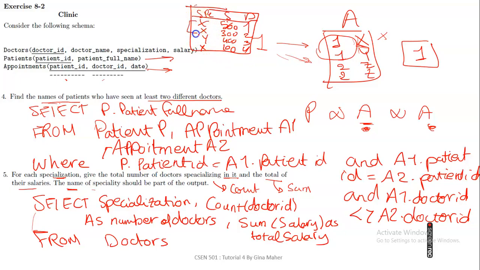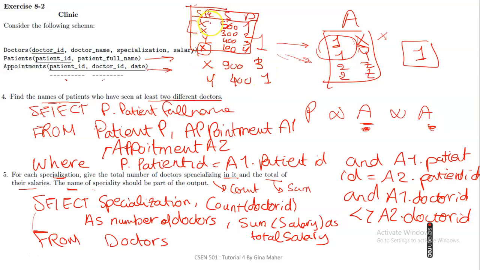So we want to get groups of specialization. We want to see the table at the end, something like this. Group X with the total of their salaries, which will be 500 plus 300 plus 100, 900, with the doctor IDs 1, 2, 4, which are 3 doctors. So we are going to count the doctors, which are 3. And then specialization Y has its total of the salaries and the total number of doctors, which is 1.